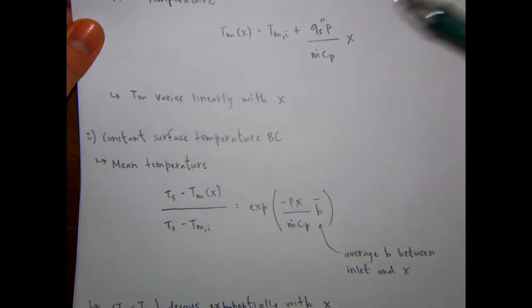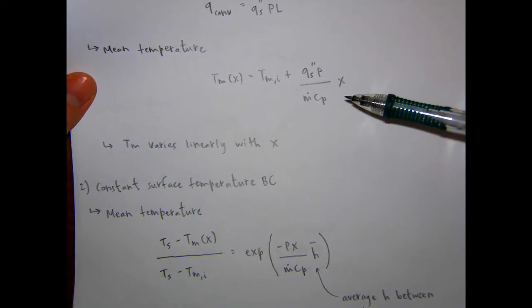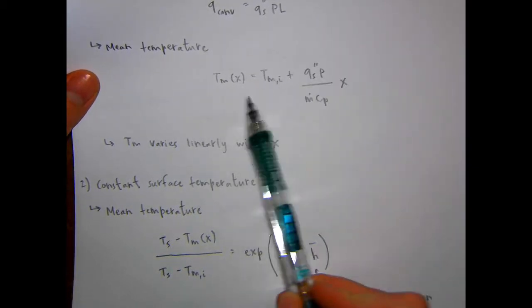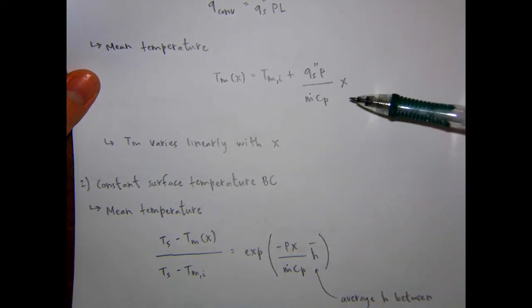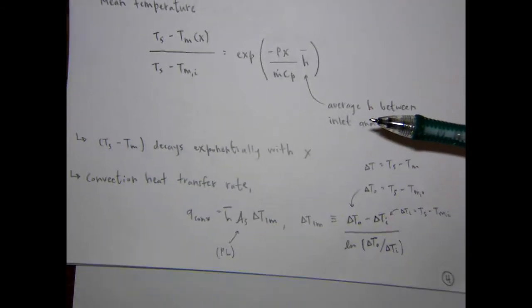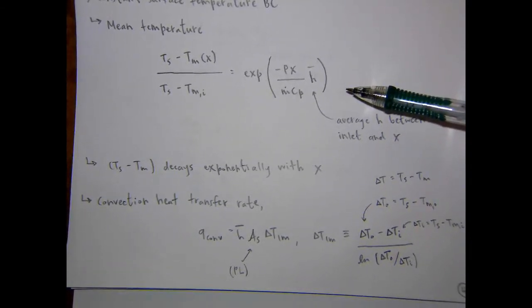So we talked about how the mean temperature changes with x, for a constant surface heat flux and a constant surface temperature. So that's where we ended.